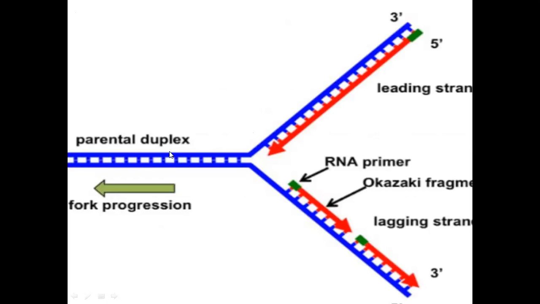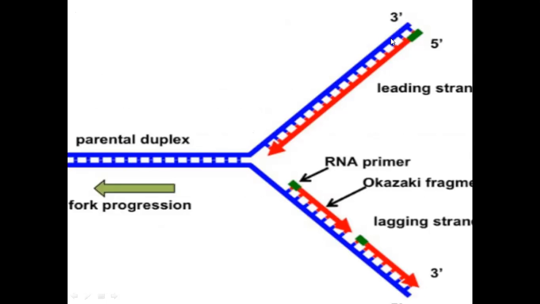Here, see, this is the parent duplex, the double-stranded parent DNA. Here it starts opening. Actually, only one part is shown. A replication bubble is formed, which I'll explain later. Here it started opening at the Ori region.